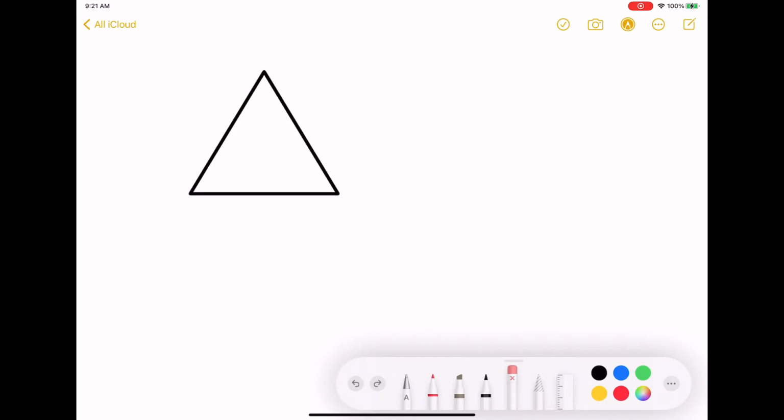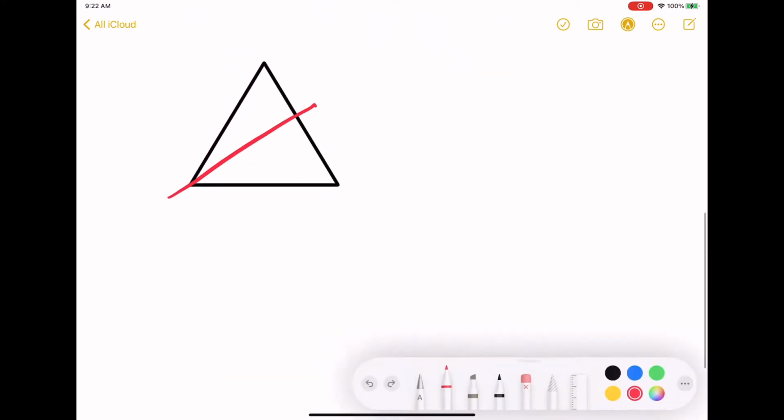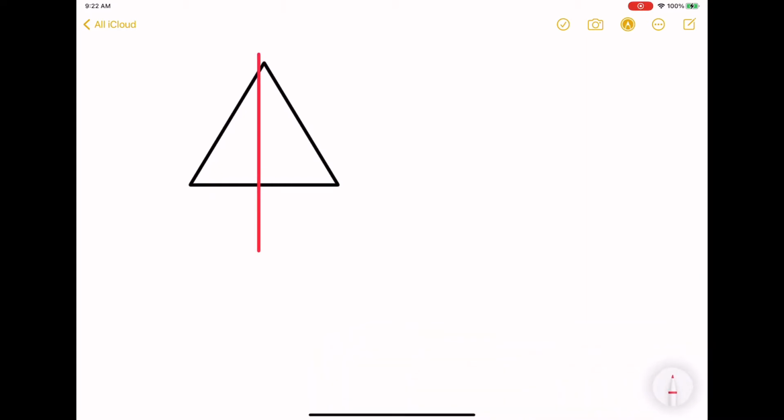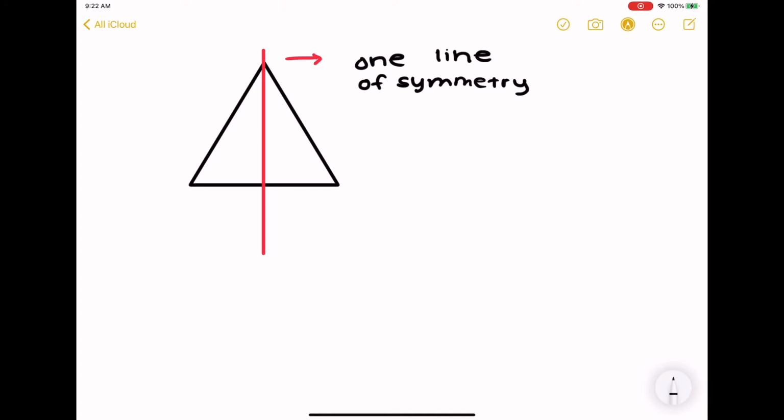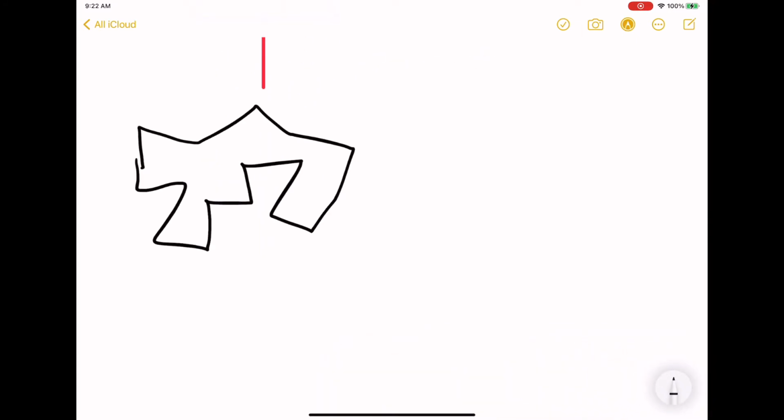However, if I were to split it vertically, I would have the same size on both sides, meaning that it is a line of symmetry. So make sure you remember, if you can do this in a mathematical way, like if we're given angles, then that's way easier because it's better to be safe than sorry.